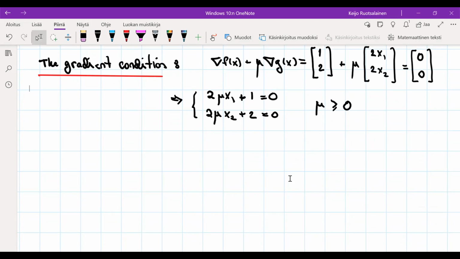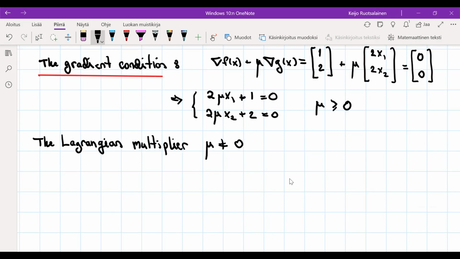Is it possible that this Lagrangian multiplier equals 0? Why is it non-zero?